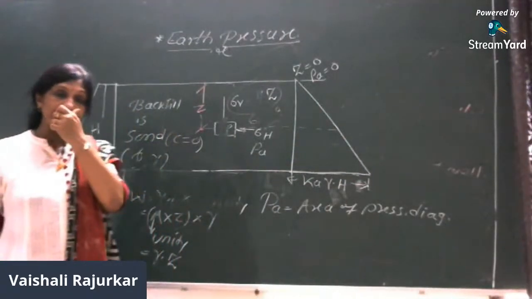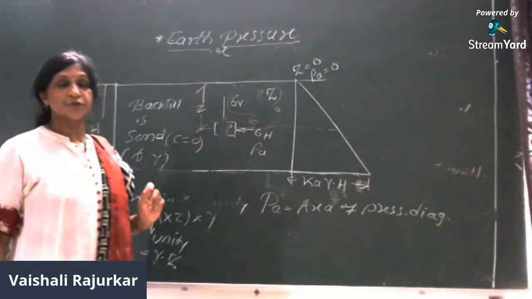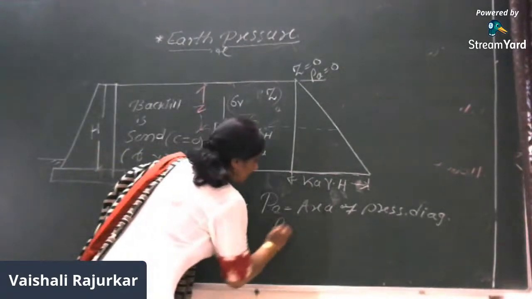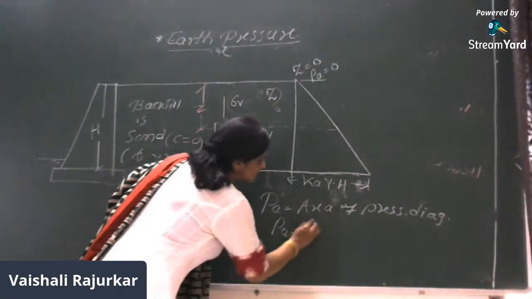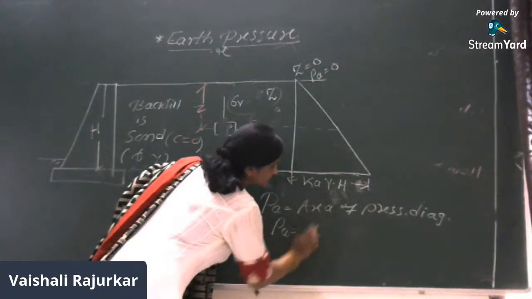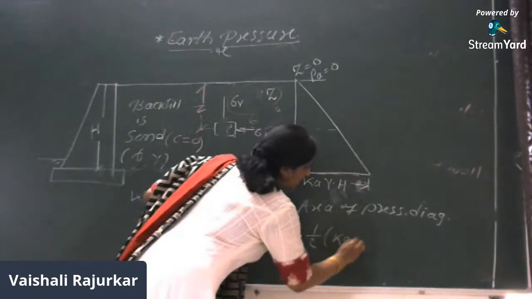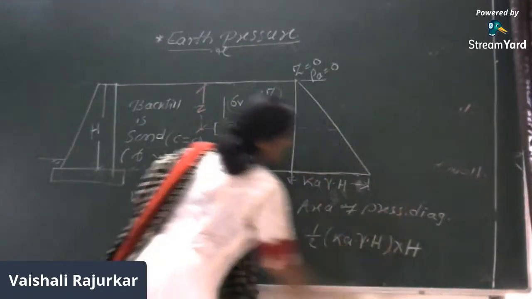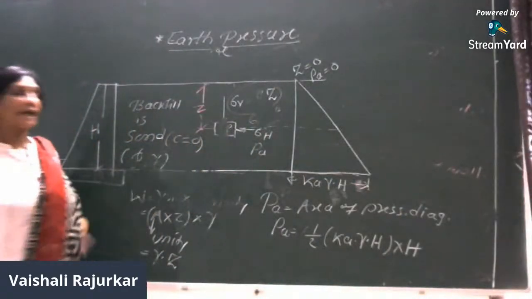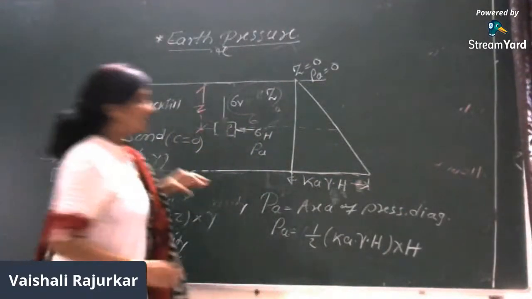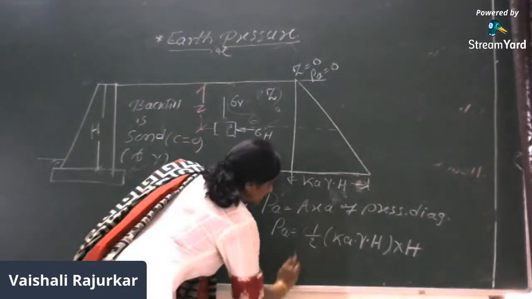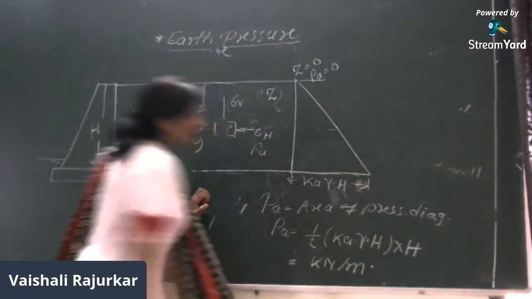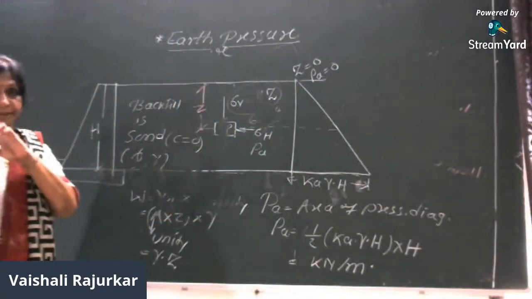This is a triangular pressure distribution diagram, and therefore the Pa, that is the magnitude of active earth pressure, is half of Ka into gamma into H into H. So this is the magnitude of maximum earth pressure, which will be taken as kilonewton per meter run. Right?